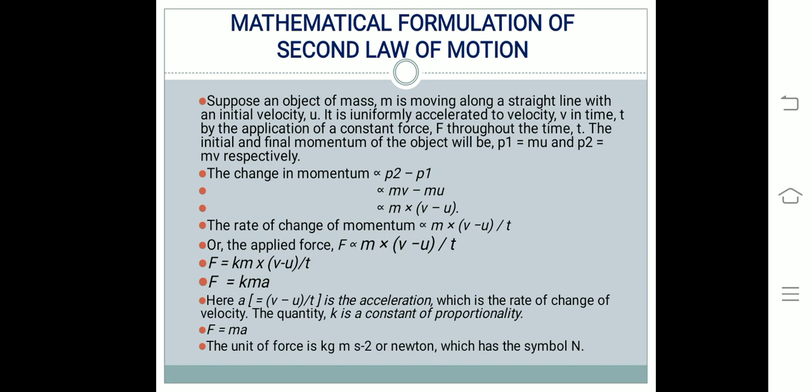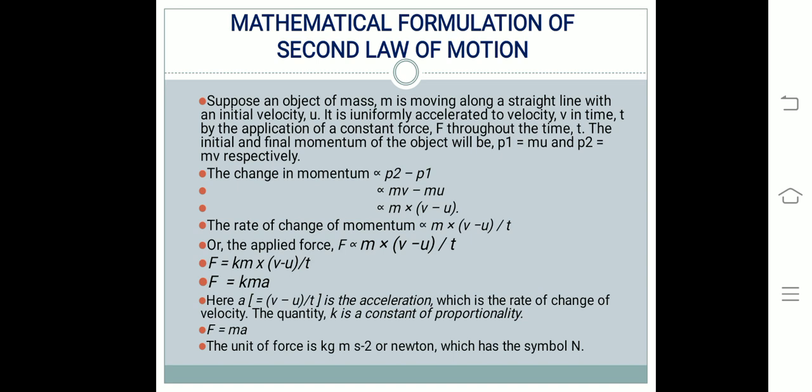If we remove the proportionality sign, we have to replace it by a constant. Let this constant be k. F is equal to k into m into (v minus u) by t, or F is equal to k into m into a, where k is a constant of proportionality. And what is a? a is the acceleration, as we know that acceleration is equal to (v minus u) by t.